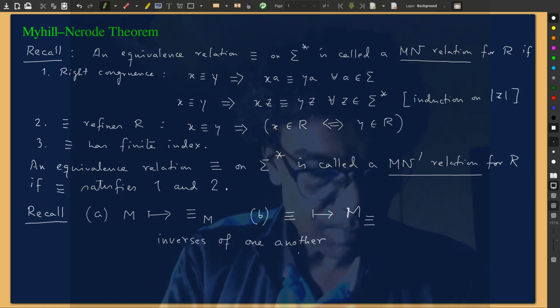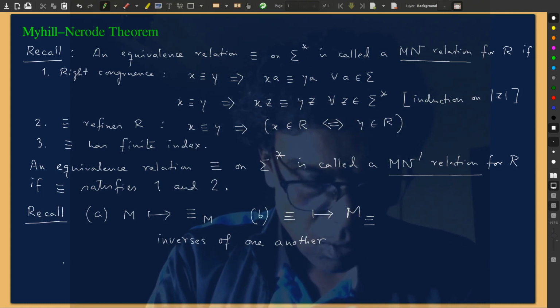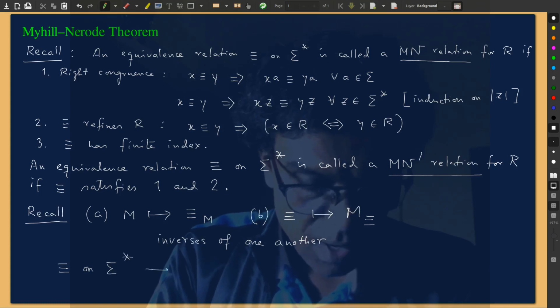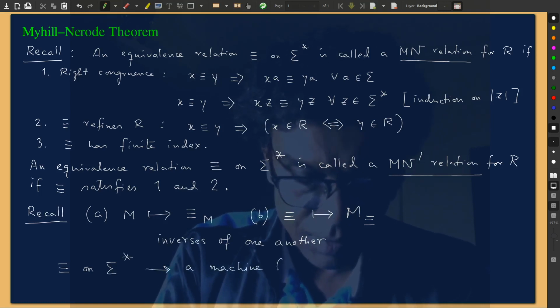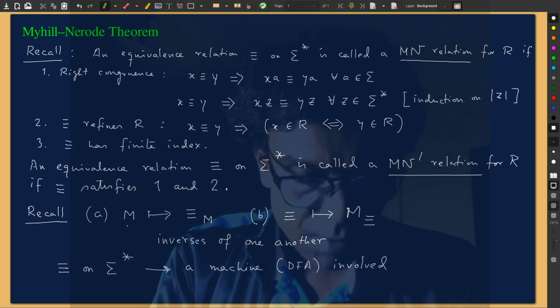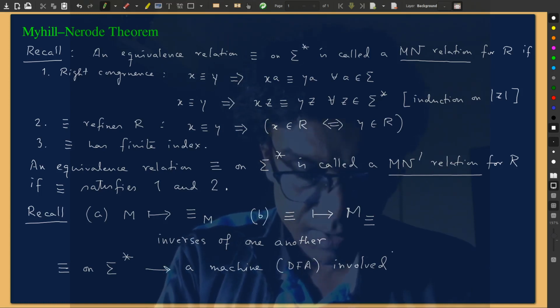But the point is that in all this effort, whenever we have this equivalence relation on sigma star, we have a machine involved. Machine, of course, here means DFA involved in the construction. Here, for example, we start with a machine, and here, given an Mn relation, we construct a machine.